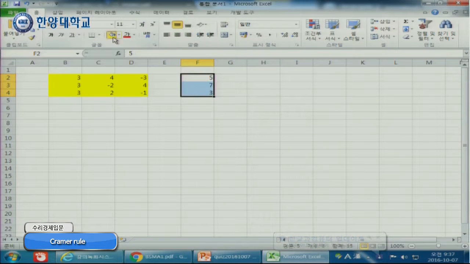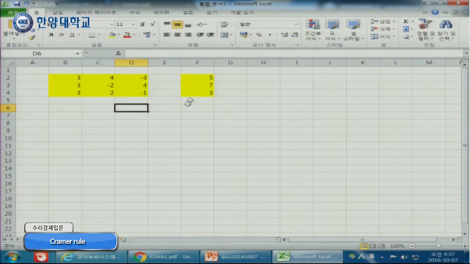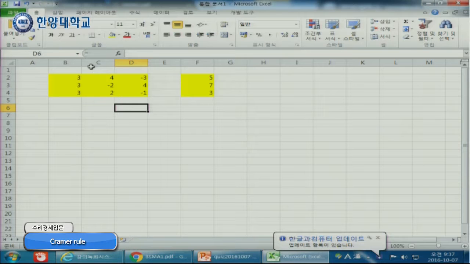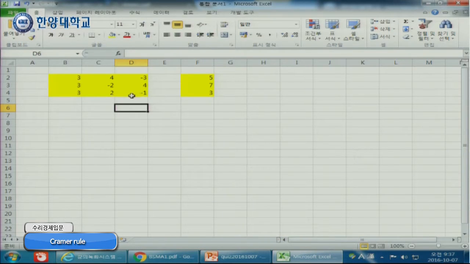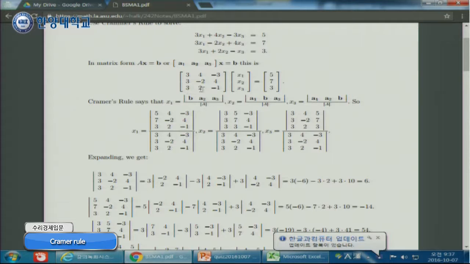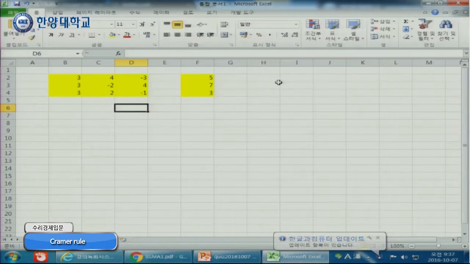Right? And then we want to get x1, x2, x3, so we can basically multiply this one by the inverse matrix of this one, right? If we multiply the inverse matrix of this one to this one, it is a 3 by 1 column. Then we check.